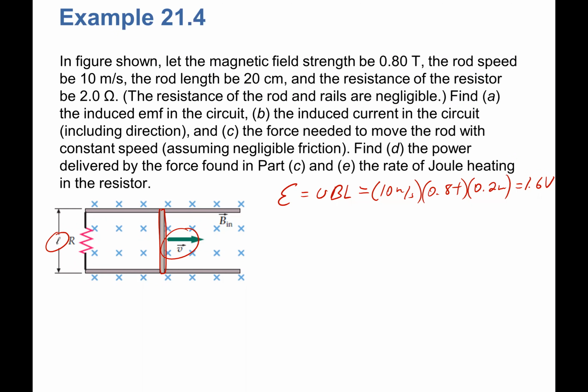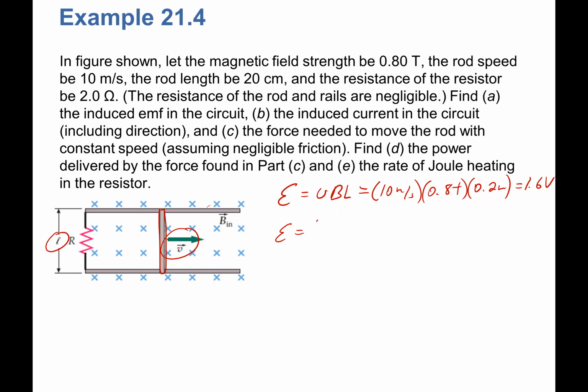All right, so part B says, what is then the induced current in the circuit, including direction? Well, remember, since I have the EMF and I have the resistance, then I can use Ohm's law.